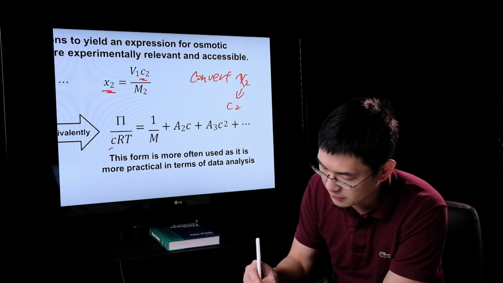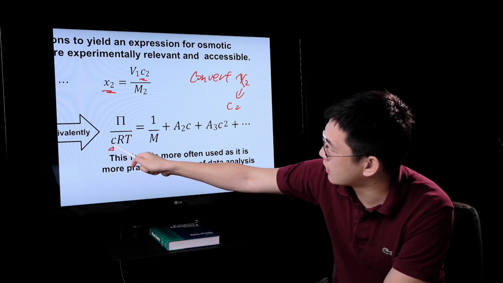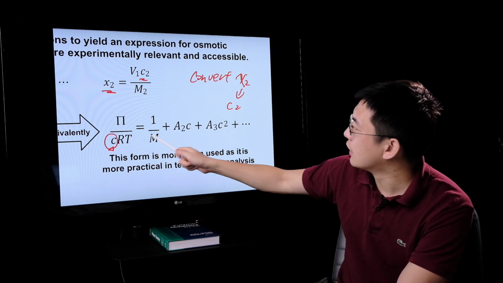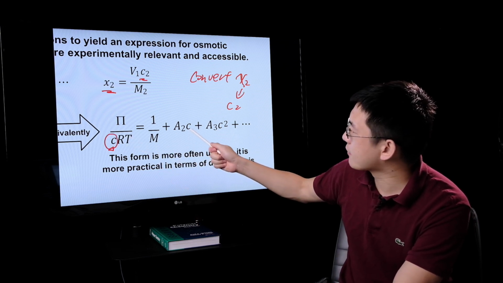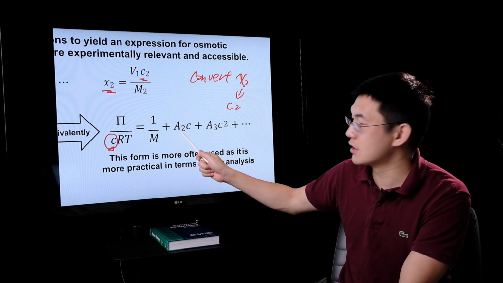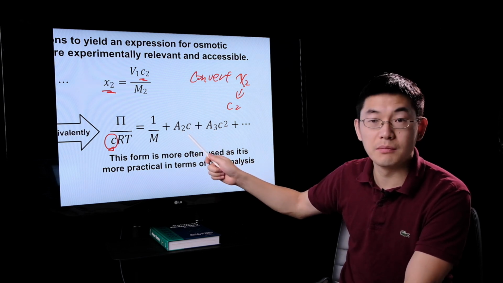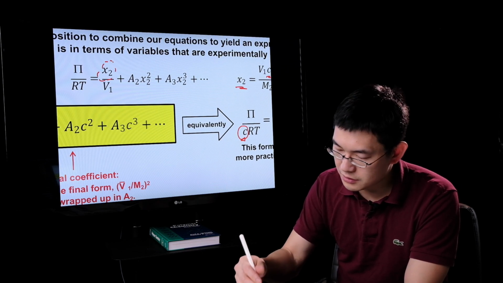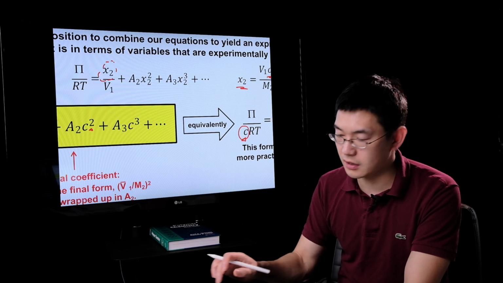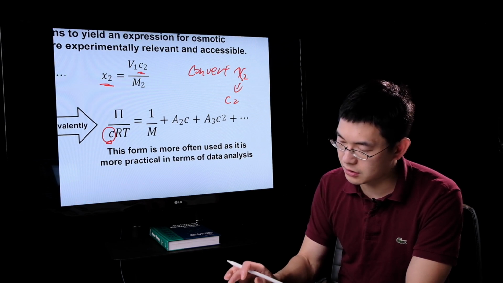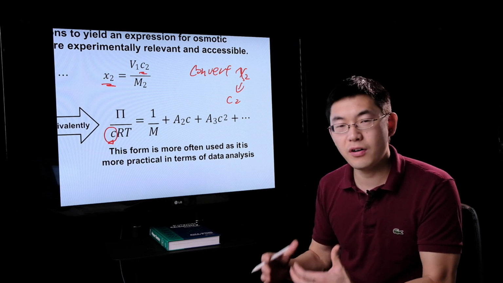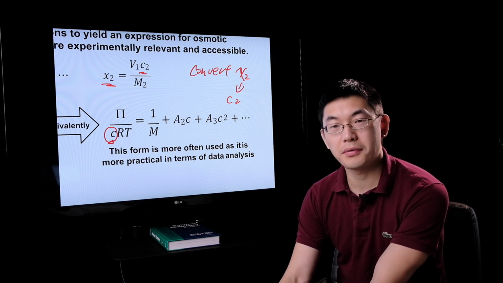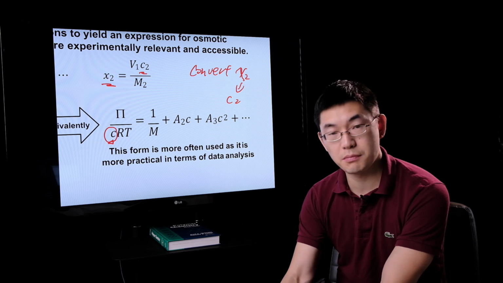Now you can see you have an additional concentration term on the left, and the second virial coefficient term only depends on C, but not C square. Why is this also very important? This form is often more used because it is more practical and simple to interpret the data.